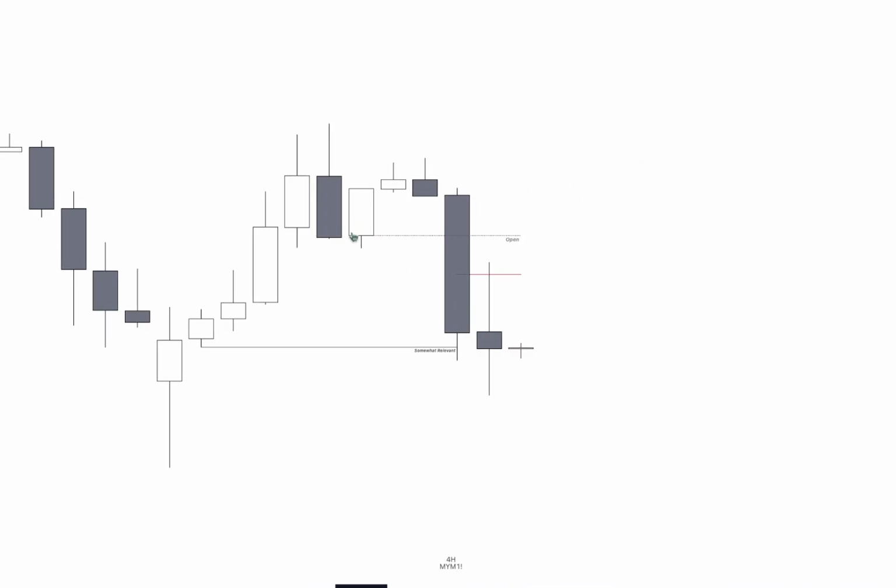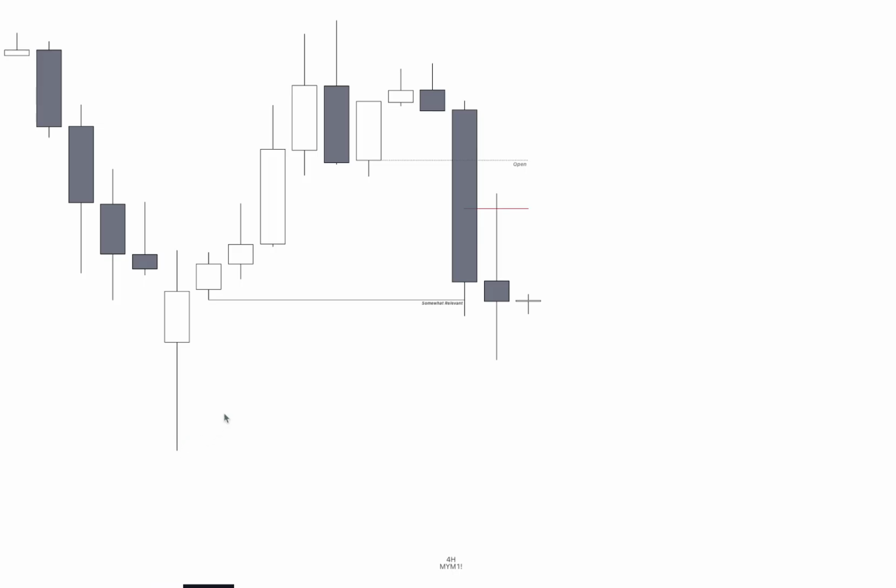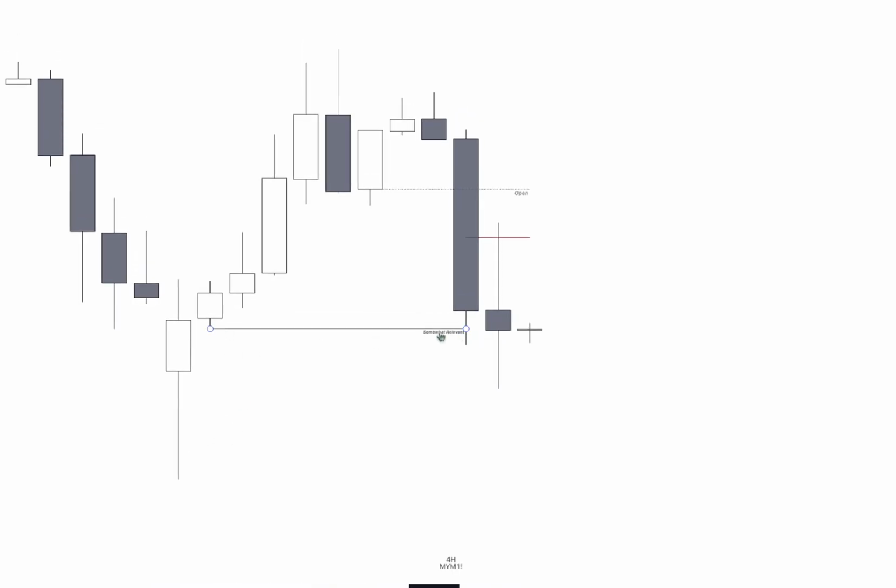Instead, you want to continue lower into a relevant swing, which is right here, or like I have here, this one somewhat, right? Because of the distance between this low and this low.